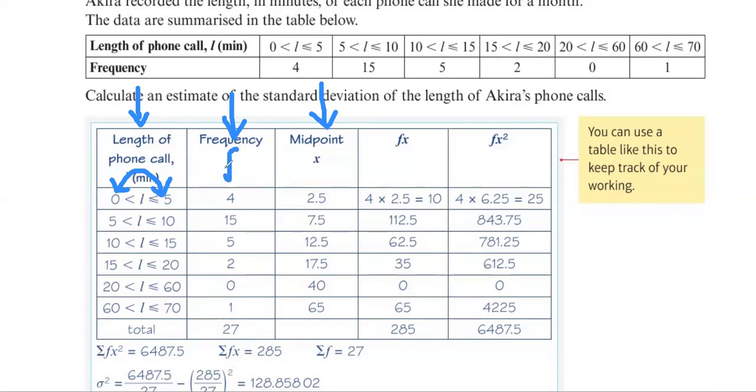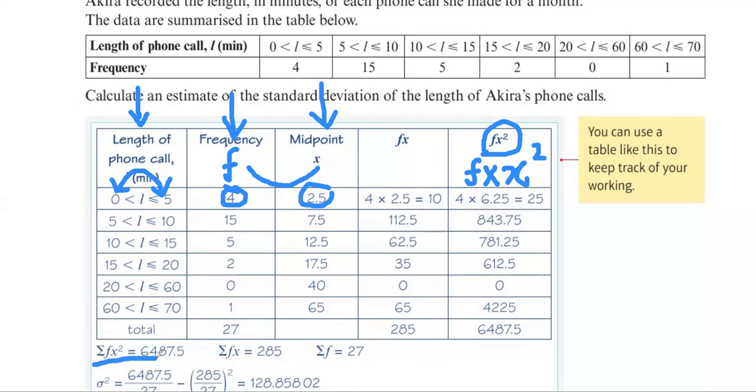F means frequency, x means midpoints. You can multiply f and x, then you can get fx, like this, 4 into 2.5. Then fx square. Fx square means you have to multiply f into x squared. F is 4, x square means 2.5 square. Then 2.5 square equals 6.25, into 4, 25, like that.